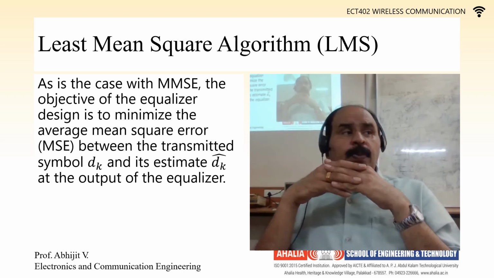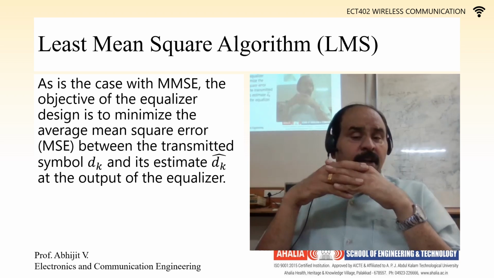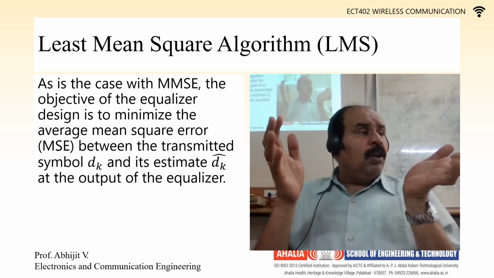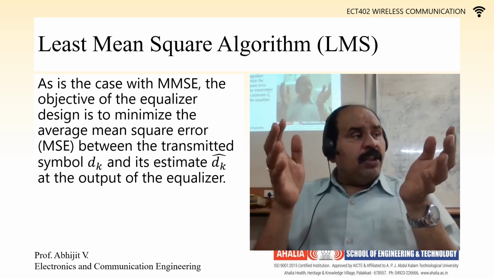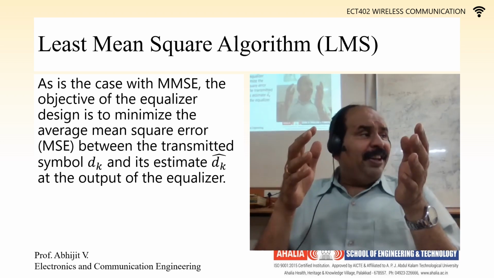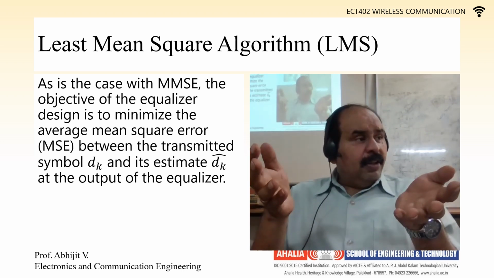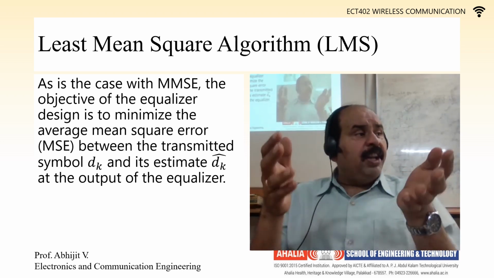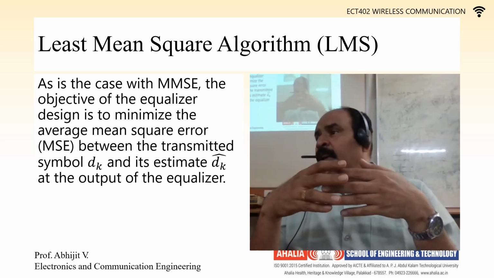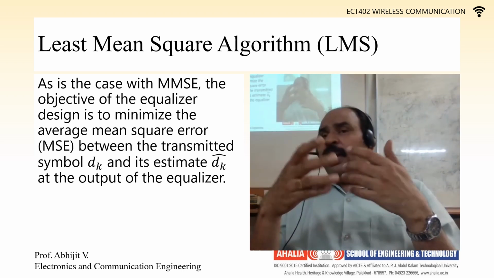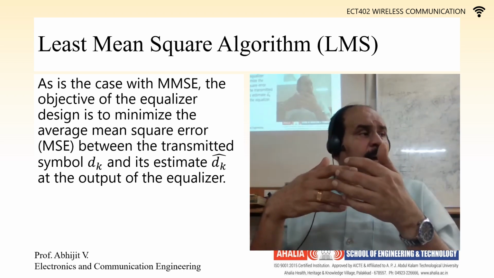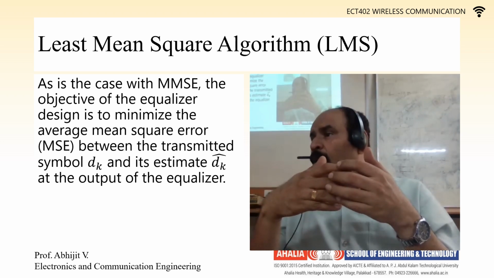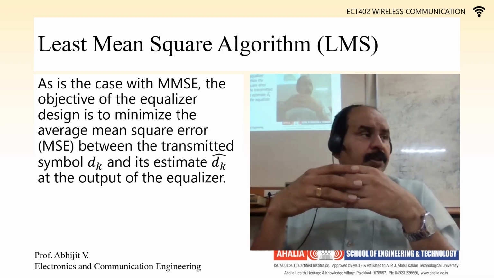As is the case with minimum mean square or any other kind, the objective of our equalizer design is to minimize the error. Okay, minimize the squared error. What is the error? Error is the difference between the received signal and the output of the equalizer.